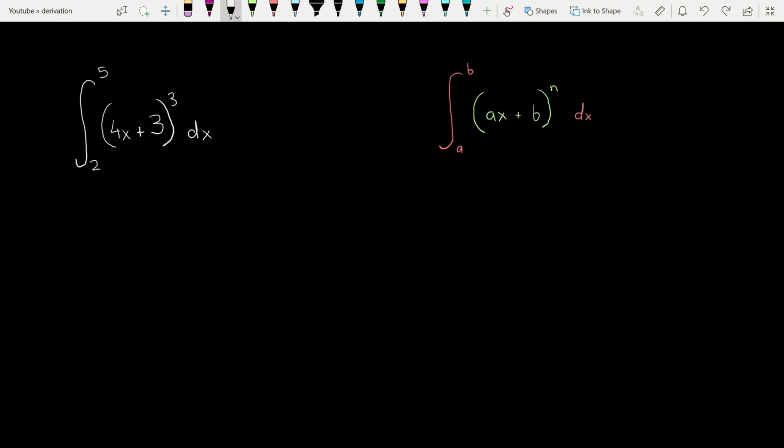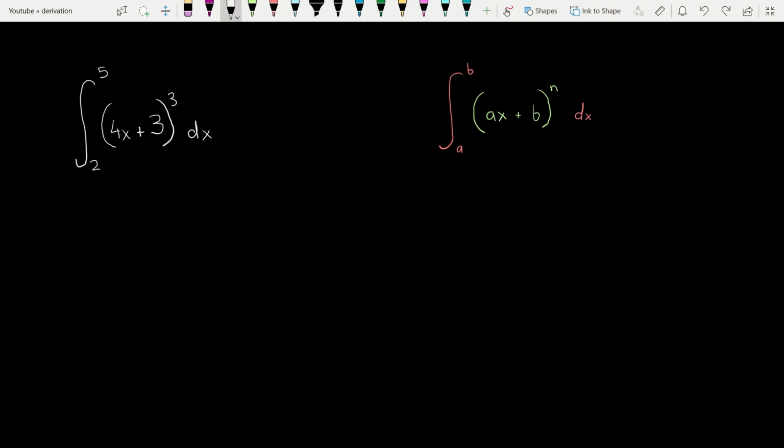Two terms, remember, not three terms, not one term, two terms inside a bracket. One of those terms is going to be a constant, and one of those terms is going to have an x with it. So in our case, we can see b is the constant, and there's a term with x. And remember, it's not x squared, it's not x cubed, it's not x to the power 5, it's just x, plain old x.